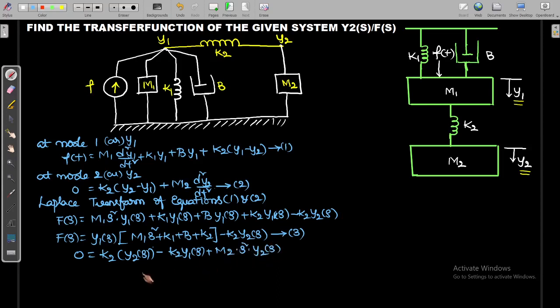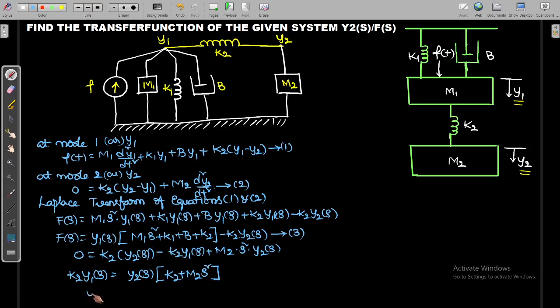Let us take the y2 of s term to the other side and bring the k2 into y1 of s term to the left hand side. So we can write k2 into y1 of s is equal to, with y2 of s common, k2 plus m2 s square. So this is another equation we got, equation 4.